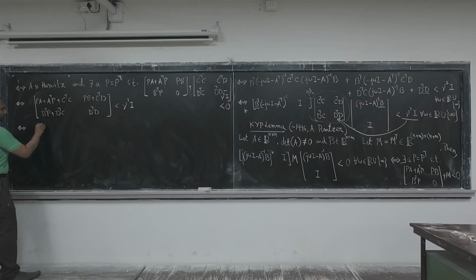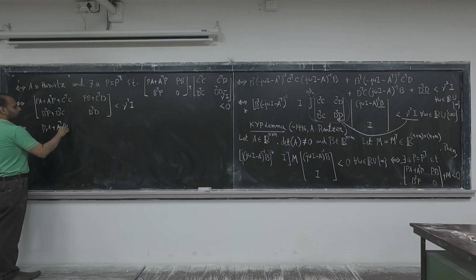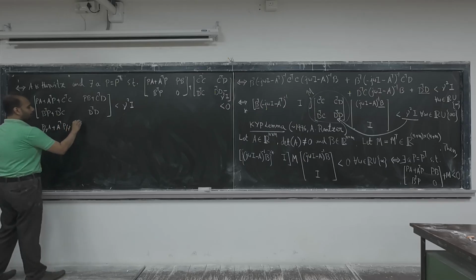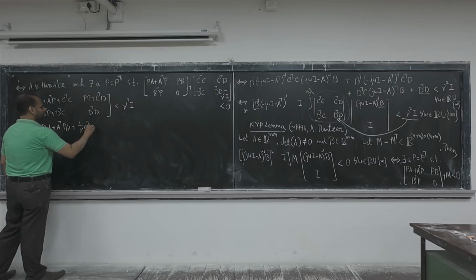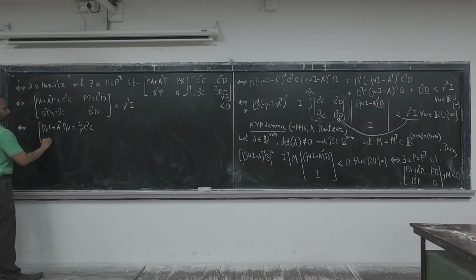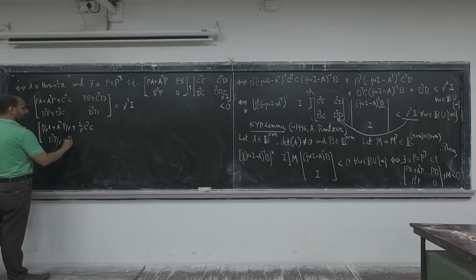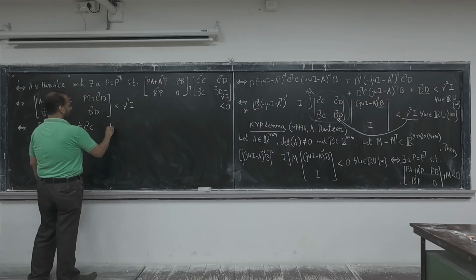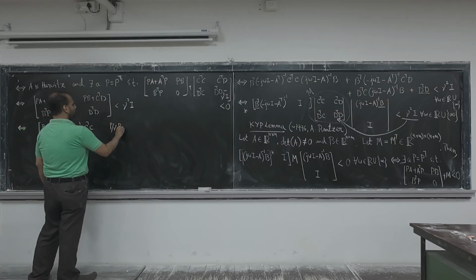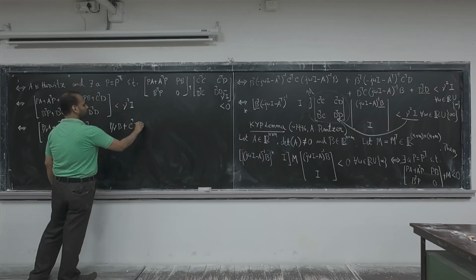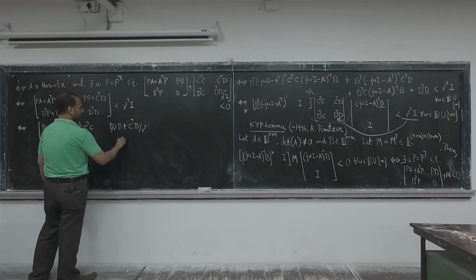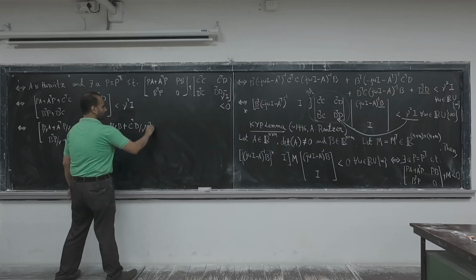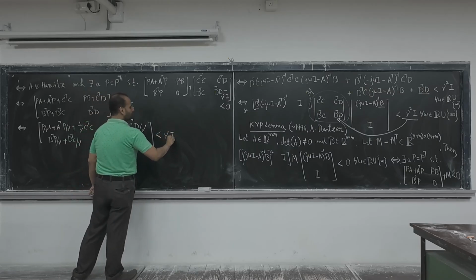So suppose P by gamma A plus A transpose P by gamma, and then 1 by gamma C transpose C. Here also you are going to have B transpose P by gamma plus D transpose C by gamma. Here also P by gamma into B plus C transpose D by gamma. Here also it is D transpose D by gamma. And then here it is gamma I.